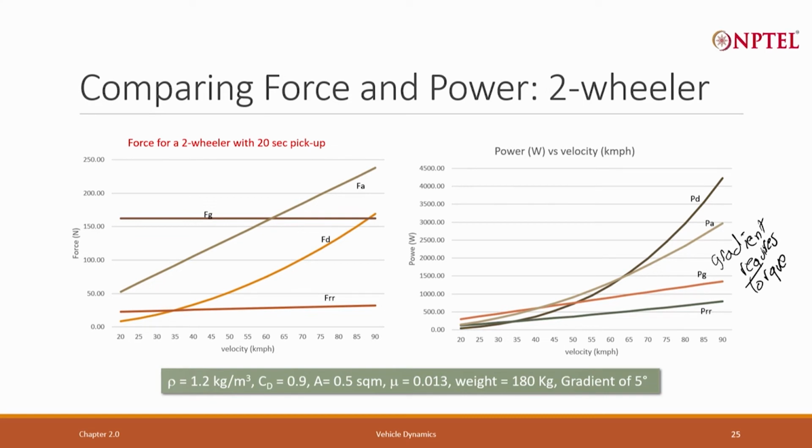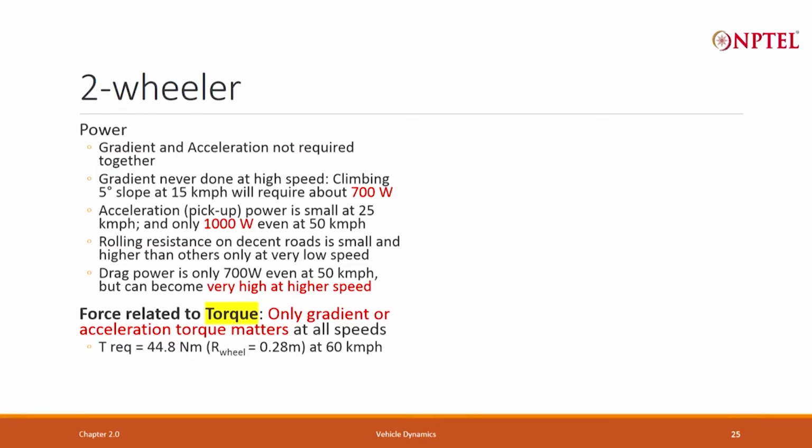So, torque required, if I assume a 0.28 meter wheel radius, which my two-wheeler typically has, is about 45 Newton meter. That is a large torque. This is what is required for gradient.